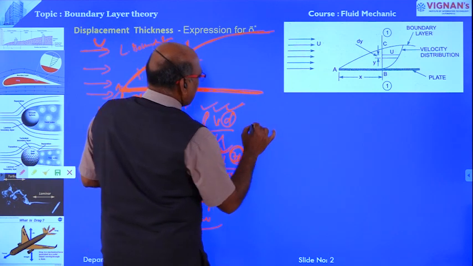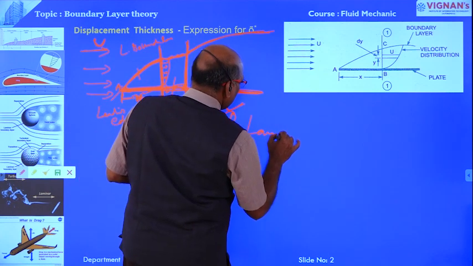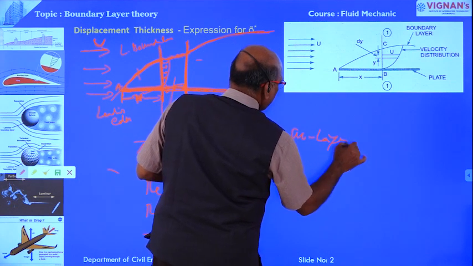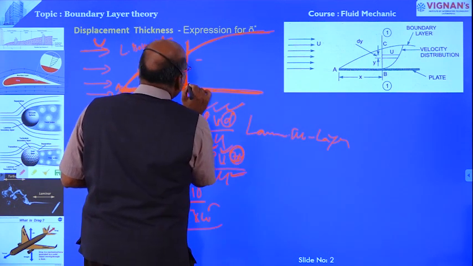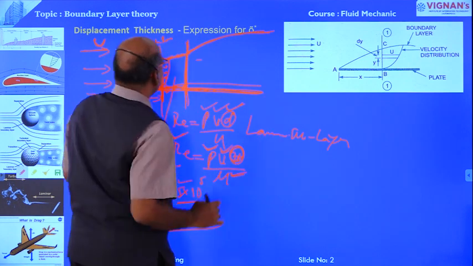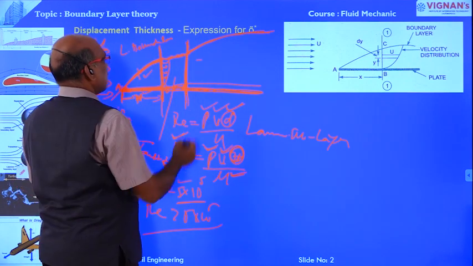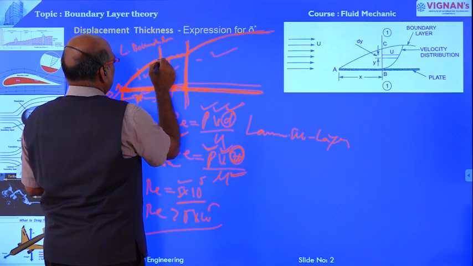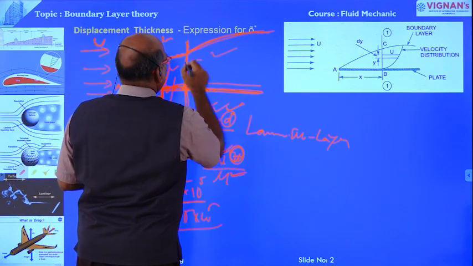The laminar sublayer. This is the laminar zone, this is the turbulent zone, this is the transition zone, this is the laminar boundary layer, and this is the turbulent boundary layer.